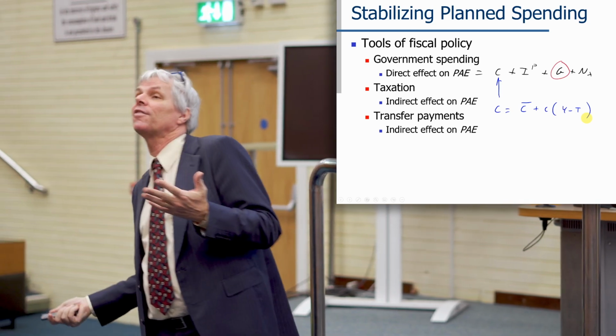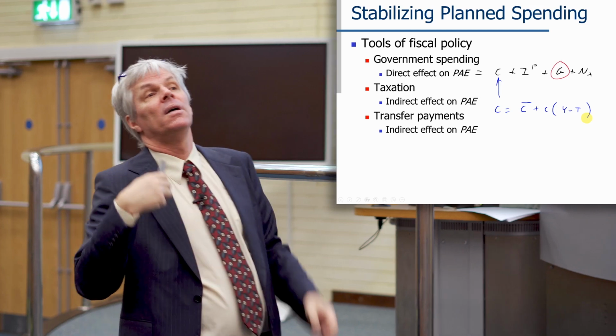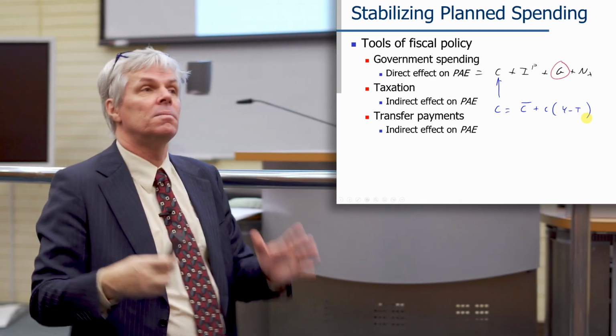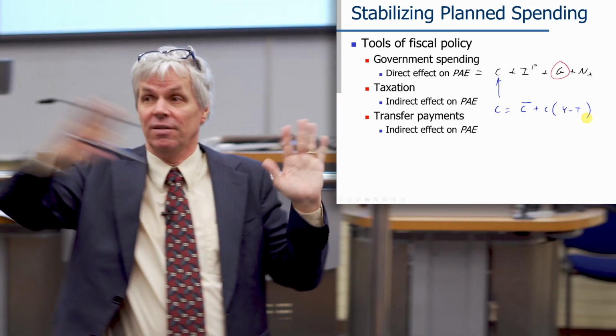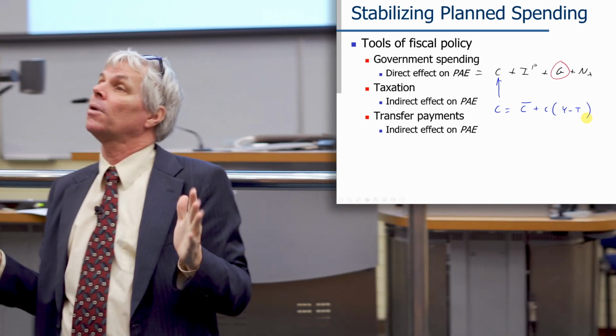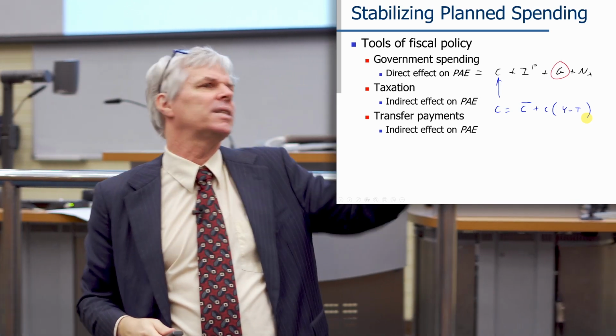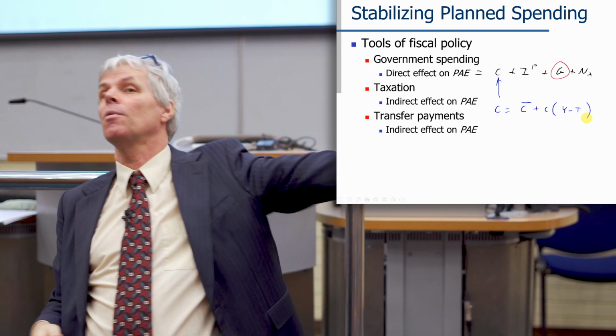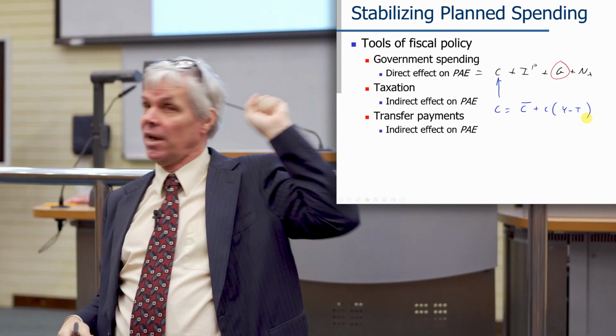And in fact, from a macroeconomic point of view, not from the individual point of view, but from our point of view as macroeconomists, transfer payments are just negative taxes. You give someone money, it's just the opposite of taking money away.